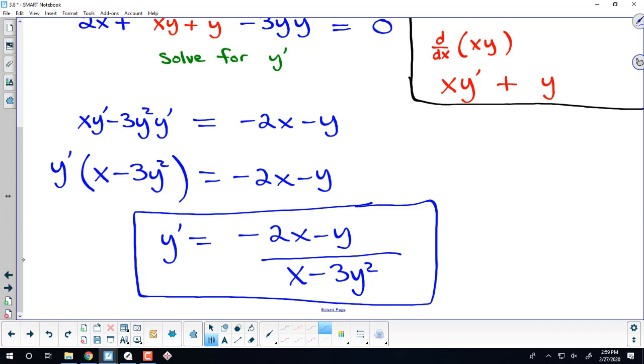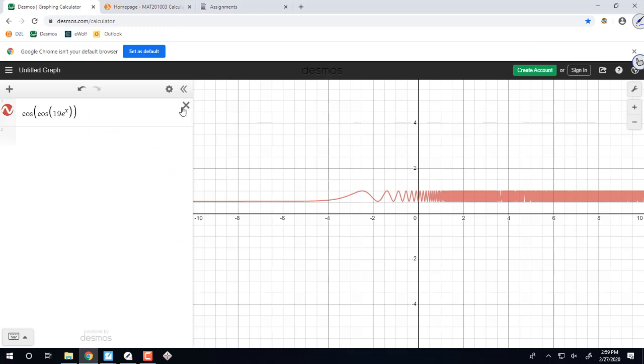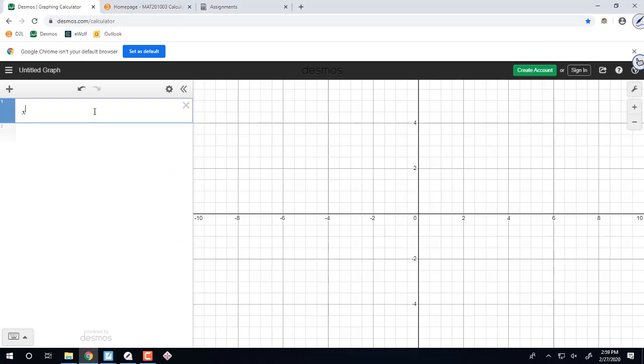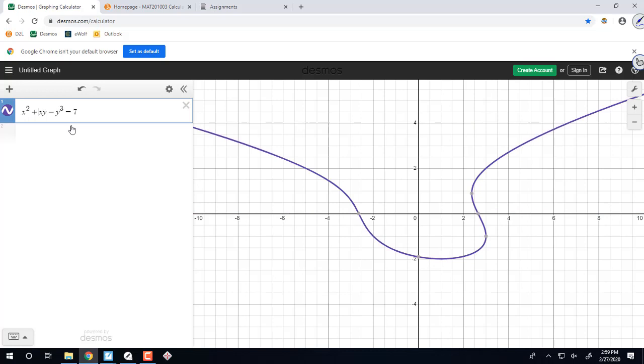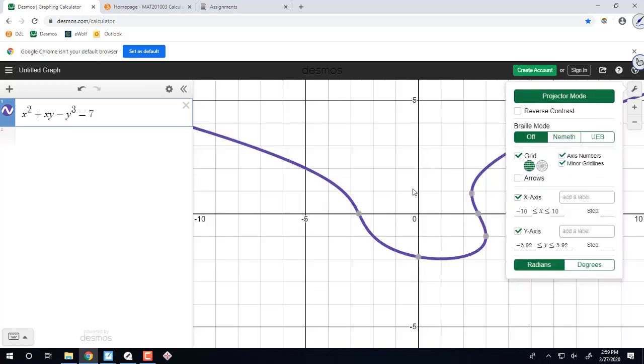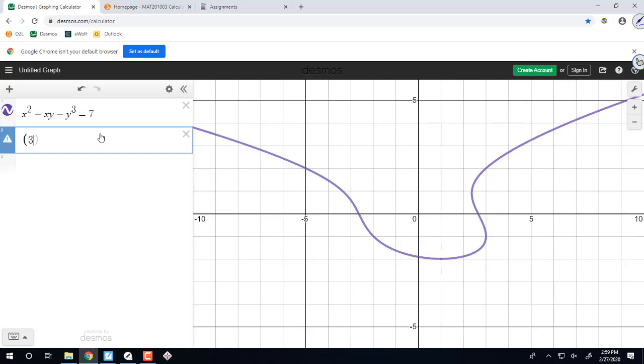So we'll stick with this one and look at it at a specific point. We'll find the slope of the tangent line at the point 3, 2.